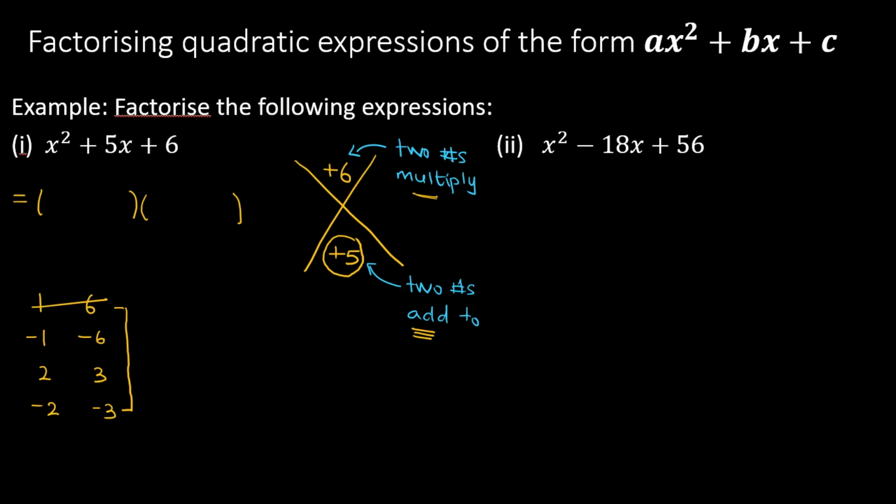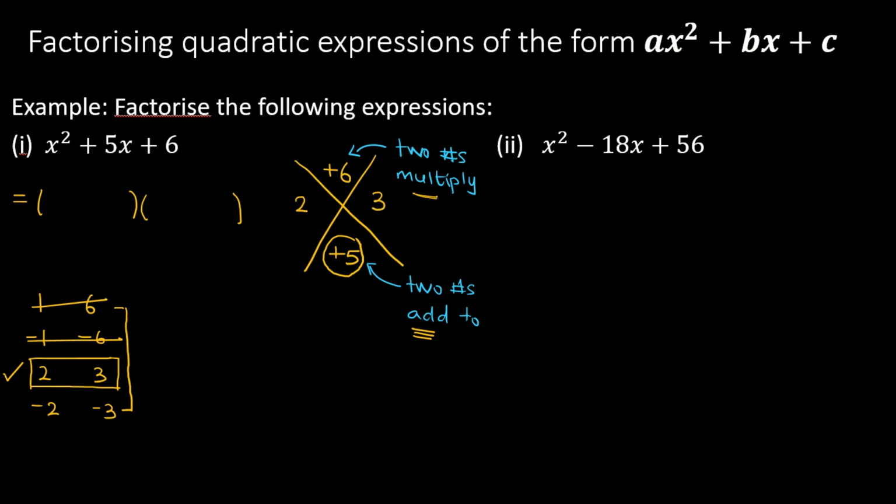No. Negative 1, when you add with negative 6, it gives negative 7. No. Positive 2, when you add with positive 3, it gives positive 5. So this is what we were looking for. So this will form part of our answer. So we write down the first number here, which is 2. The second number here, which is 3.